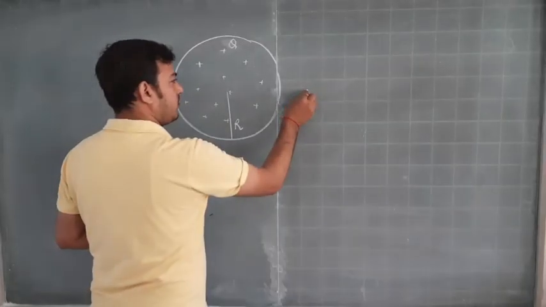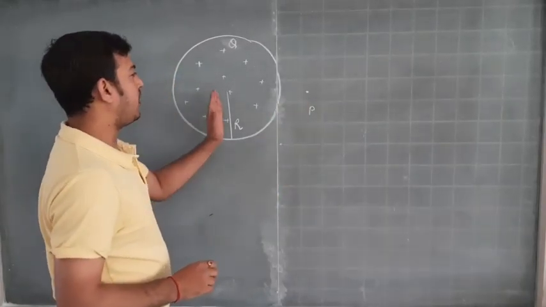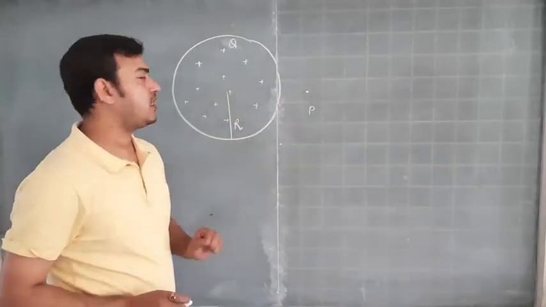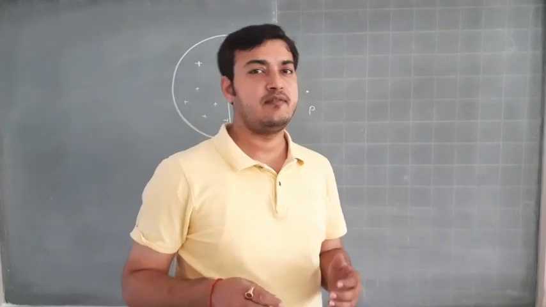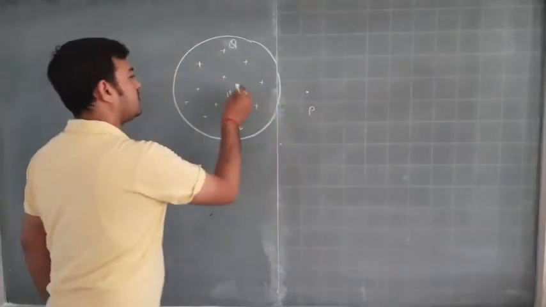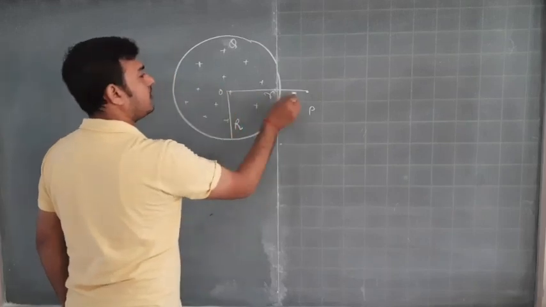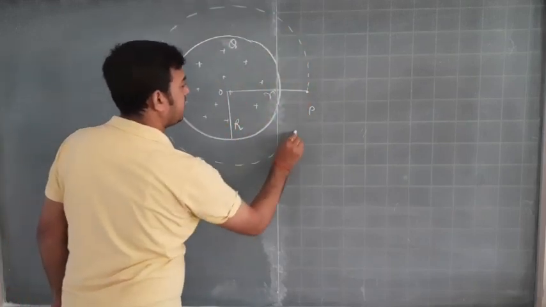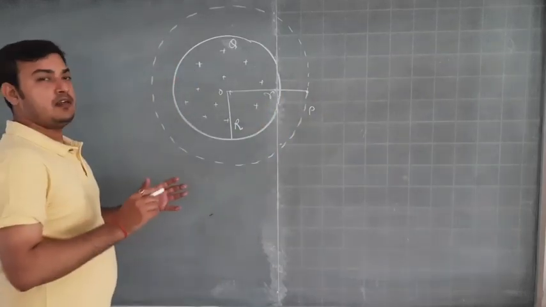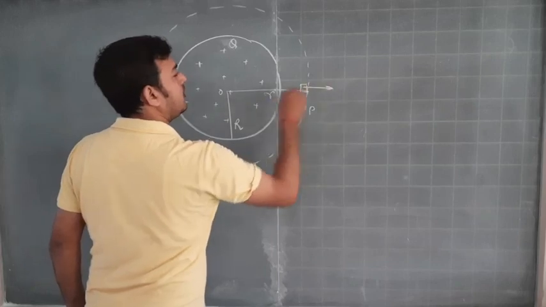First of all we will find the electric field at a point P that is lying outside this non-conducting charged sphere. To apply the Gauss theorem we need a Gaussian surface. So I am taking a Gaussian surface of radius small r, spherical in nature, and we will take a small portion over here just like the previous questions.